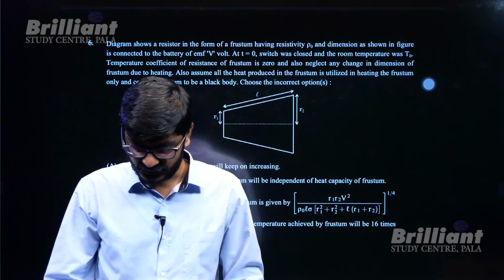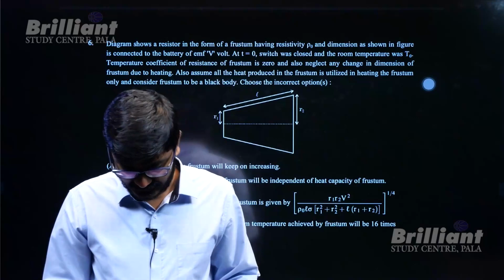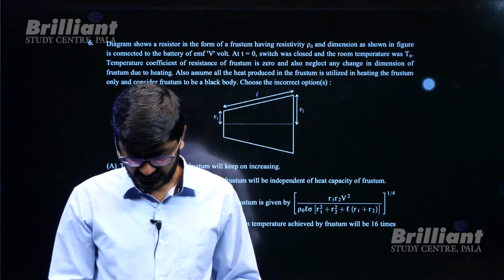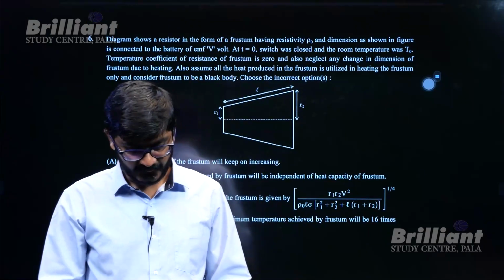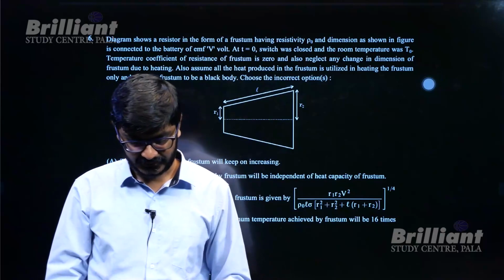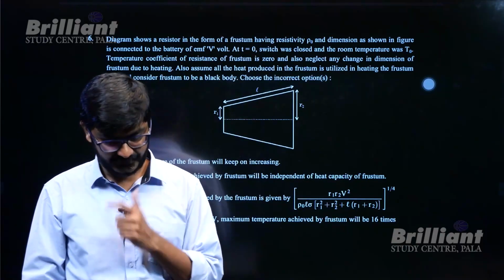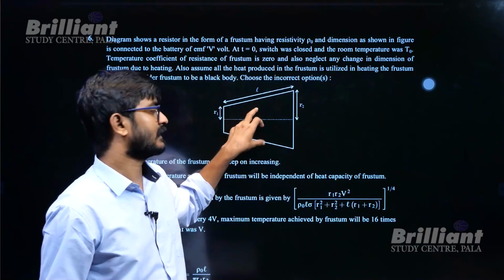Also assume all the heat produced in the frustum is utilized in heating the frustum only, and consider the frustum to be a black body. Choose the incorrect options. Now the temperature of the frustum will keep increasing. No, see, when you start passing current, what will happen? It will start heating.